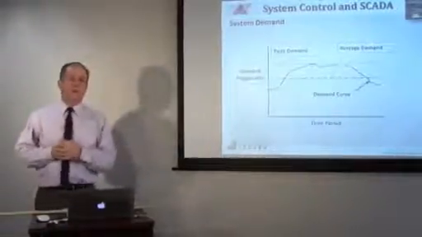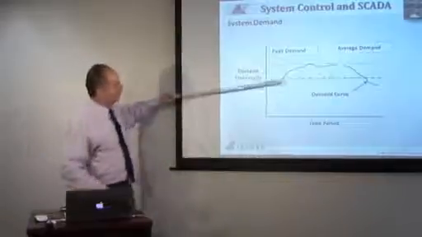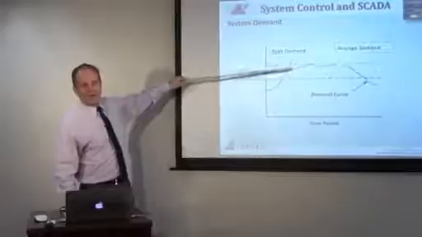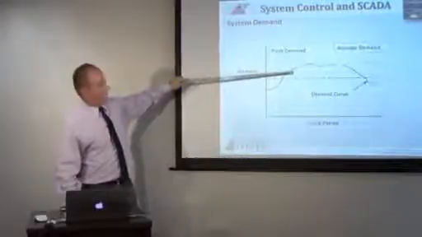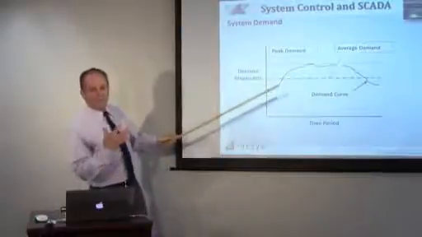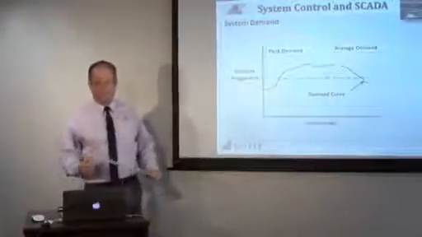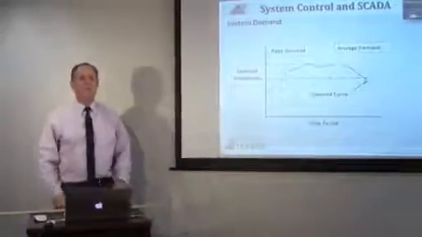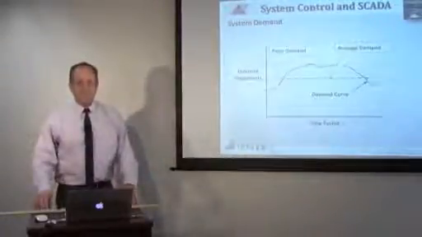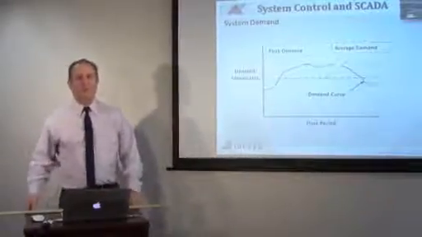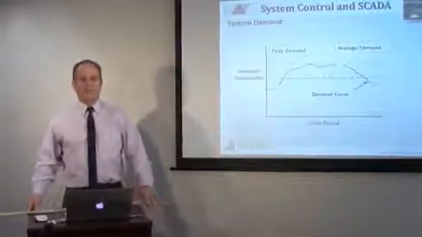If you have a very poor demand factor, let's say the demand curve is way low, you're building an awful lot of power plant facilities to manage a peak that doesn't happen very long. So you want to be able to use your investment the best you can, and this is kind of a measurement of that.